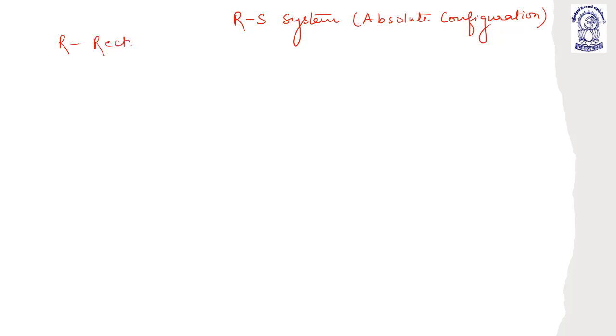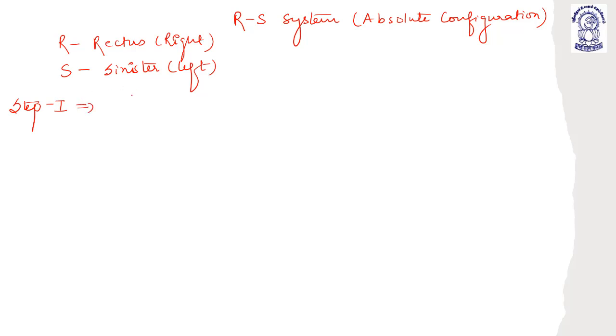Now comes the R and S system, or absolute configuration. R means rectus, meaning right, and S means sinister, that is left. R and S nomenclature is assigned as follows. Step 1.